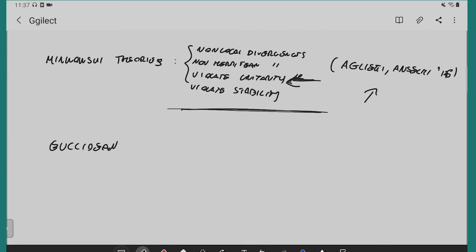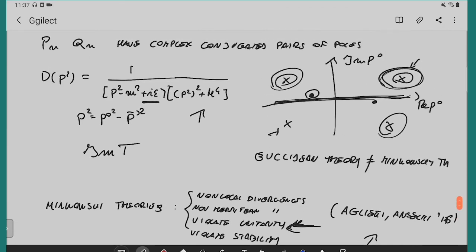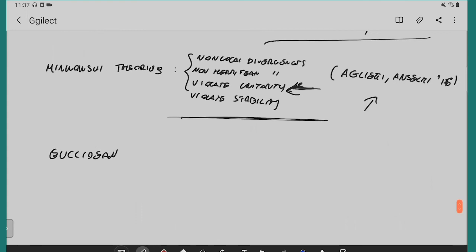And they propose a way to rotate, because they realized that you will encounter these poles if you try to rotate in the usual analytic way, and you will not find equivalent theories, as I mentioned. So their proposal was to modify the contour of integration and to rotate basically like this.